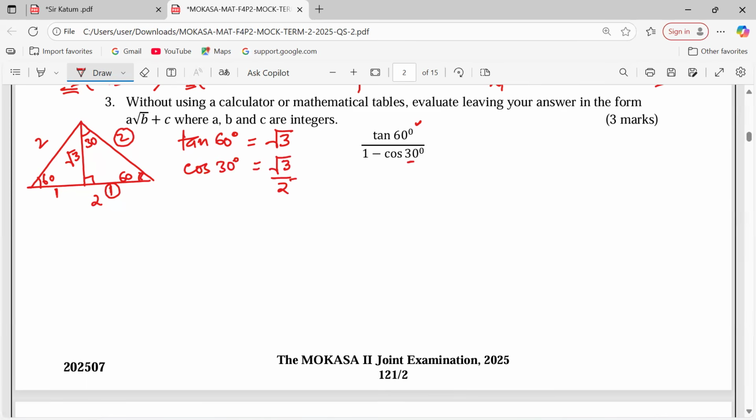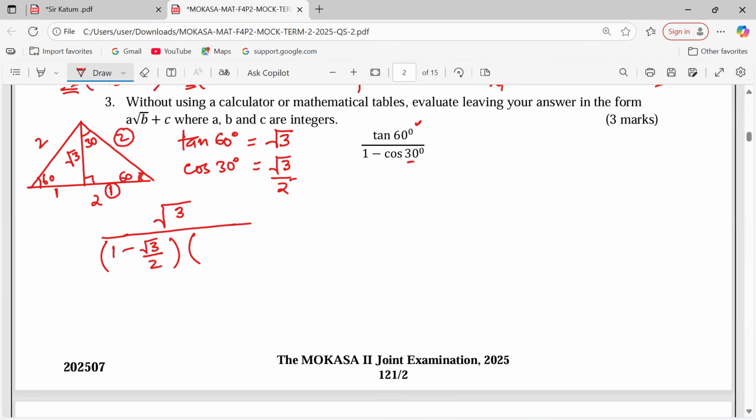So now we can substitute these two trigonometric ratios in the expression, provided the root of 3 out of 1 minus root 3 over 2. Then we start now the simplification process, whereby we will multiply the denominator with the conjugate.